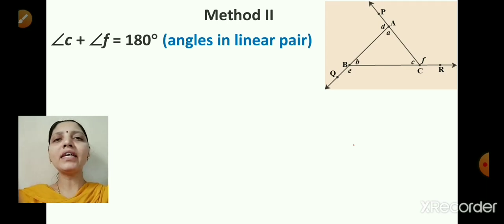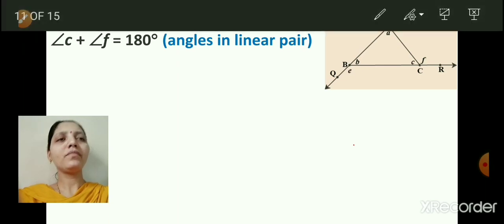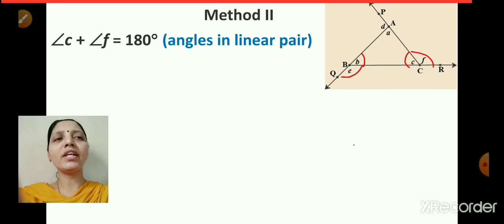Angle C plus angle F is equal to 180 degrees. See here, angle C and angle F, these two are in a linear pair, so we can write their addition as 180 degrees.